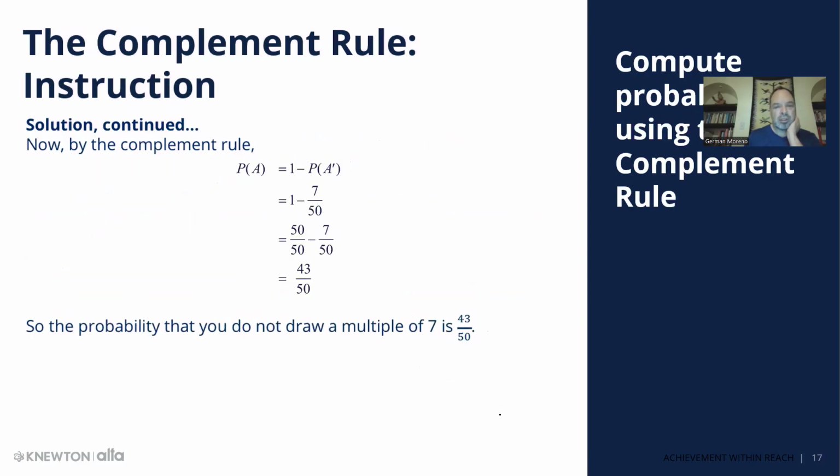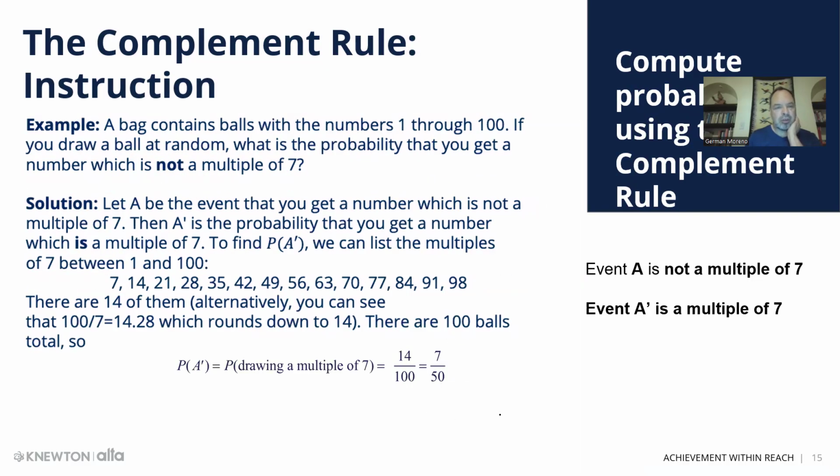So I think this was probably an example over here. A bag contains balls with the numbers 1 through 100. If you draw a ball at random, what's the probability that you get a number which is not a multiple of 7? We began to discuss this one.